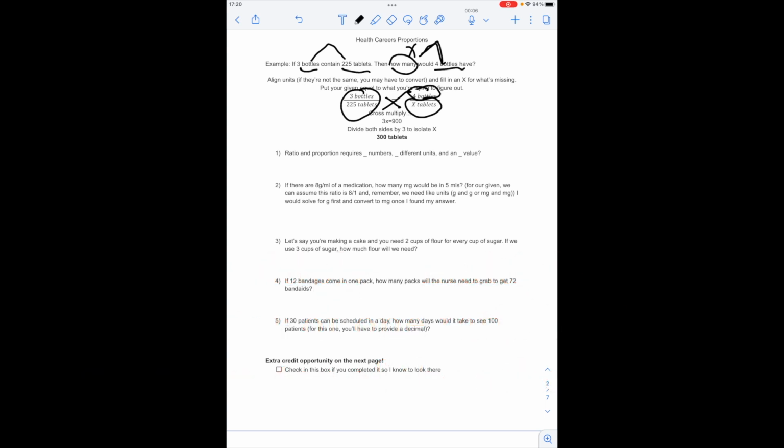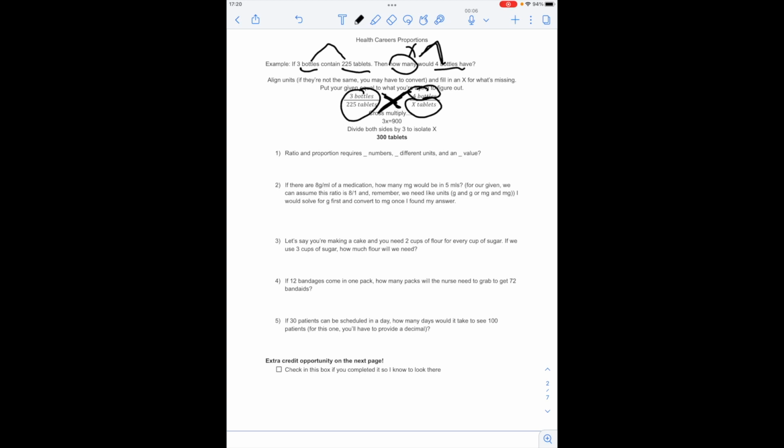So you're going to take the 225 tablets and multiply by what's across from it. So that would be the 4 bottles. You're going to take the 3 bottles and multiply it by the X tabs. And once you do that, you get 3X equals 900. And in order to isolate X, divide both sides by 3. And then you get 300 tablets.